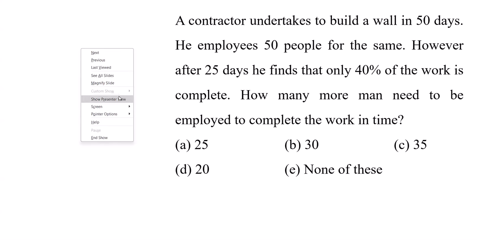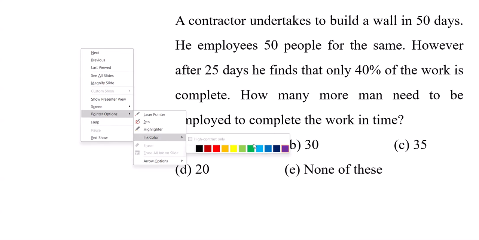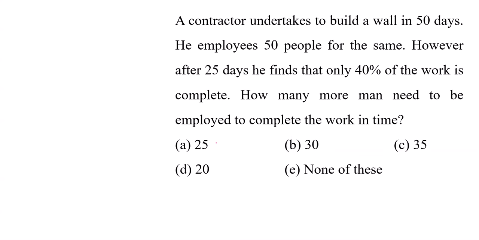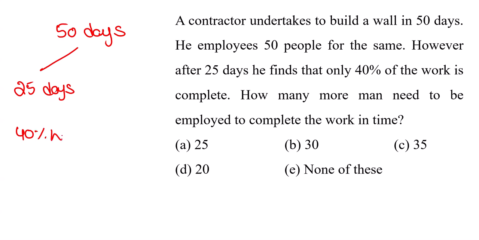This is a very practical situation you people may also face in your life in future if you are doing any project in a company. You are planning to complete the project with your teammates in 50 days. Now 25 days are completed, only 40% of work is completed.